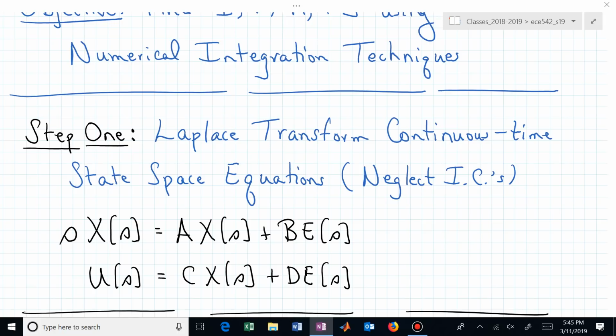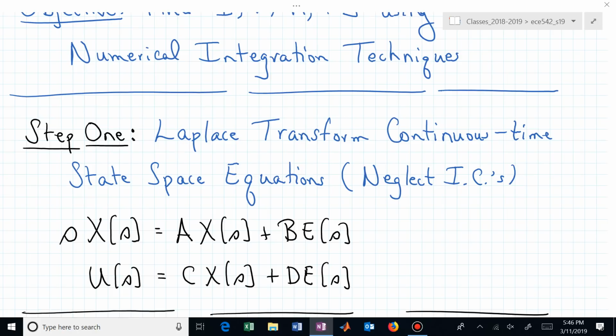What that means is the derivative of little x of t, taking that into the S domain, simply says multiply that Laplace transform of little x of t by s. Multiplication by s in the frequency domain is consistent with differentiation in the time domain.